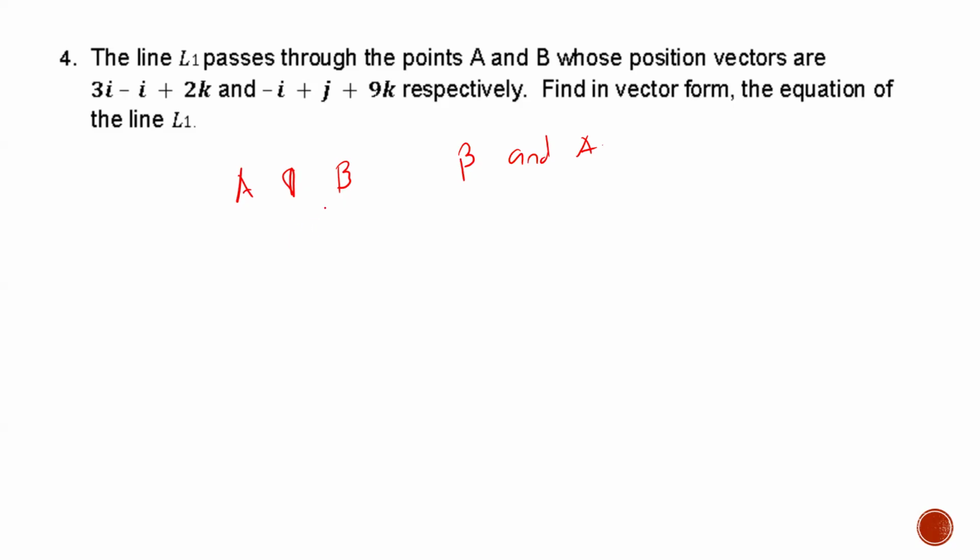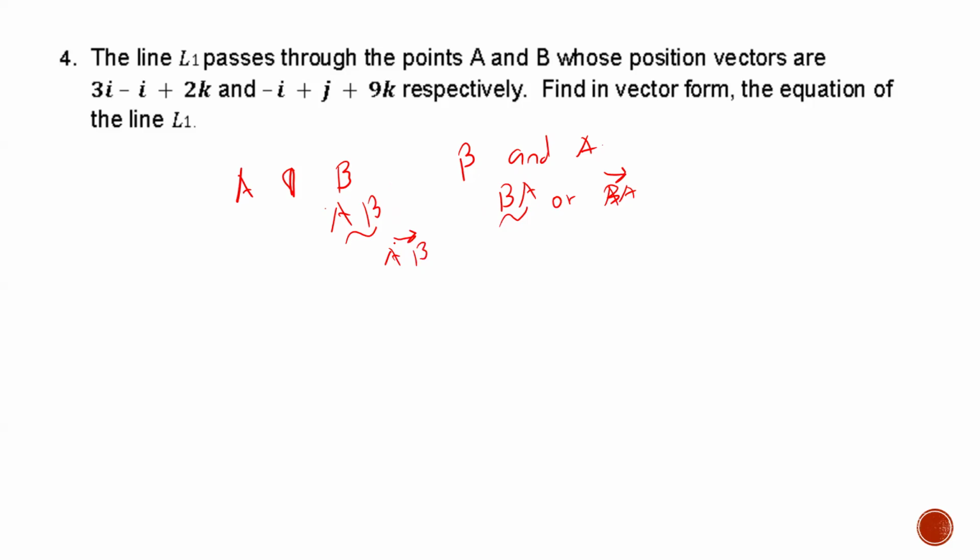For A and B, you'll have AB with the arrow symbol, while B and A gives BA with the arrow. My advice is always go with the arrangement the question has given you. If the question starts with point A, then take the directional vector AB with the arrow up.